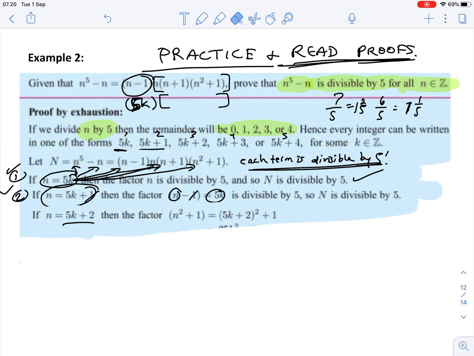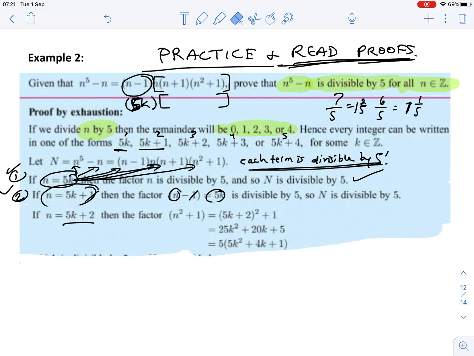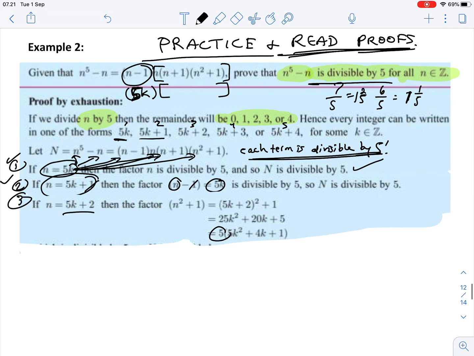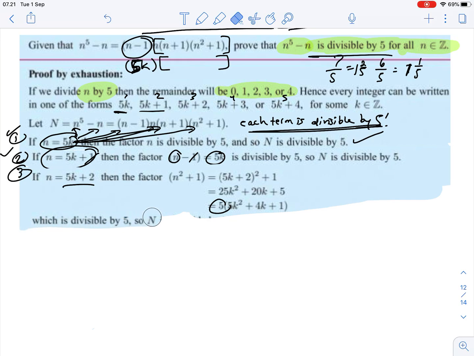If n equals 5k plus 2, again, I just plug in 5k plus 2 to where n's are. My goal here is to pull out a 5 at some point. Boom. Pulled out a 5. You see that my goal is to pull out a 5 because I'm trying to show that it's still divisible by 5. That case, good. So I proved 3 cases.